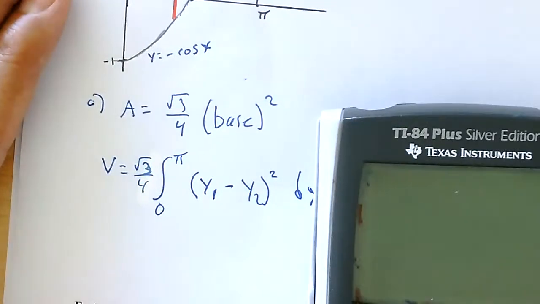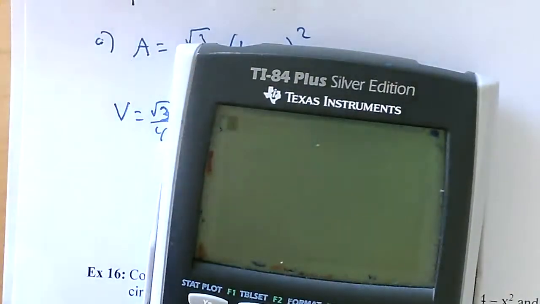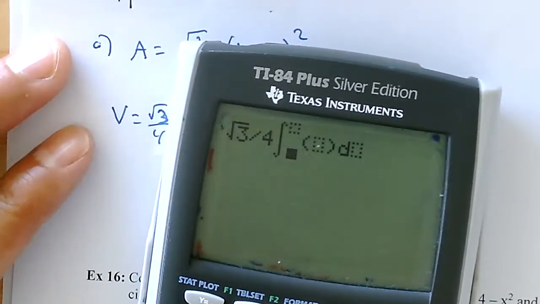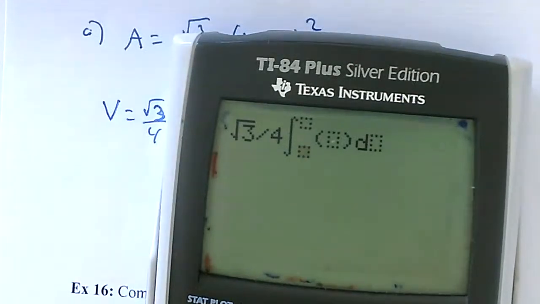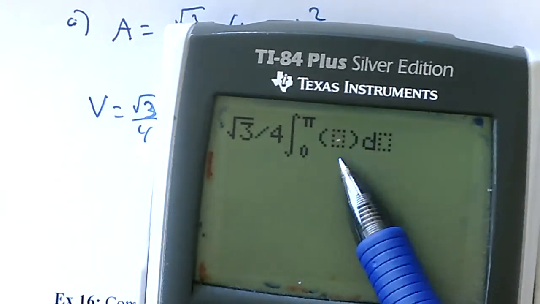This is the setup, and I'm going to show you in the calculator, because the calculator will do the work for me. If I go math 9, let me check that because I forgot the rad 3 divided by 4. Math 9, from 0 to pi. Now it has a parentheses there.